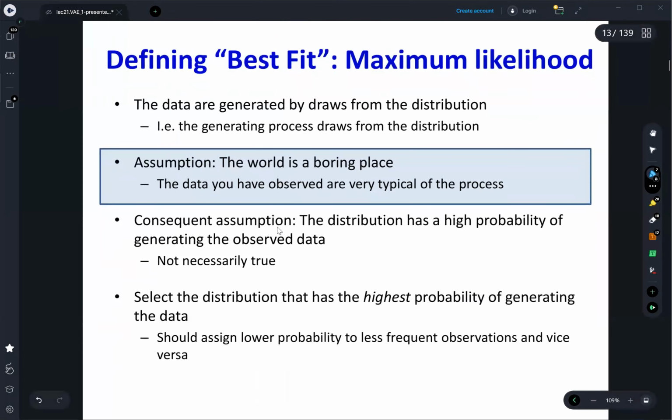There's a notion of a match, but underlying was the assumption that we spoke of earlier. You assume that the world is a boring place, that the data you observed is very typical of the process. And so the consequent assumption was that the distribution for that data has a very high probability of actually generating the data that you observed. Now, this is not necessarily true, but this is an assumption you made.